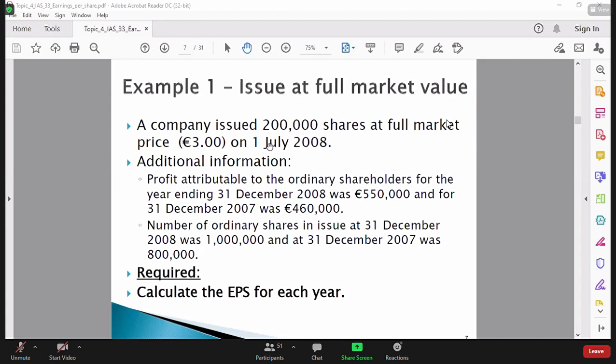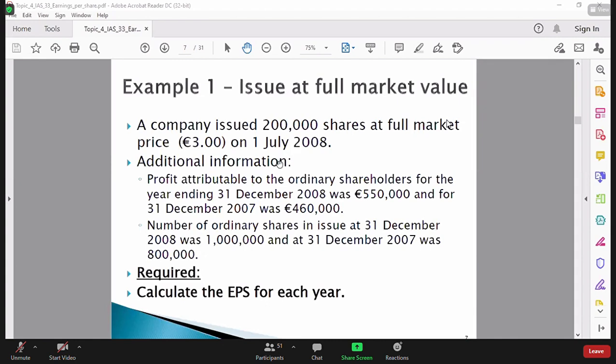A company issued 200,000 shares at a full market price of 3 on 1st July 2008. So you can see that the company has 200,000 shares at a market price of 3 ringgit. This is dated on the 1st of July 2008.